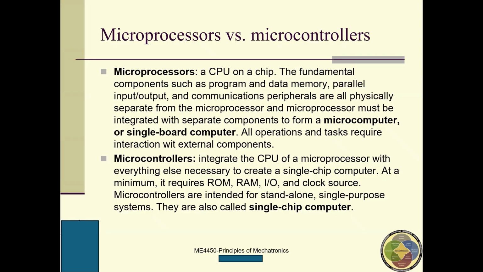ROM means read-only memory. RAM is randomly accessible memory, then I/O, input and output, and a clock source. Even for this one, there is no clock on the CPU. You should have your own clock. So microcontrollers are intended for standalone, single-purpose systems, and they are also called single-chip computers.